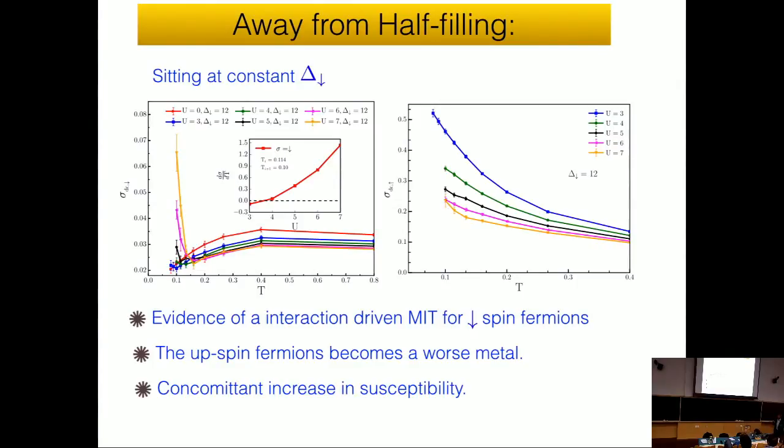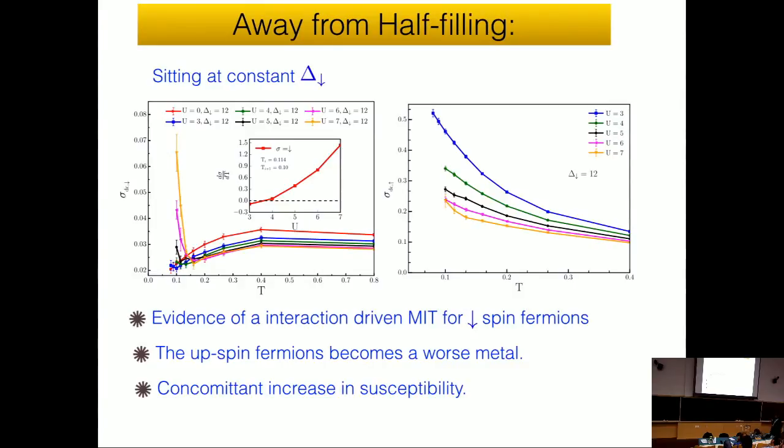Whether this sharp upturn is actually a metal-insulator transition, I do not know, but it is a very sharp upturn, right? What is interesting is that the temperature where this upturn happens goes up with increasing interaction strength. So we believe this might be evidence of a probable metal-insulator transition that is driven by interactions.